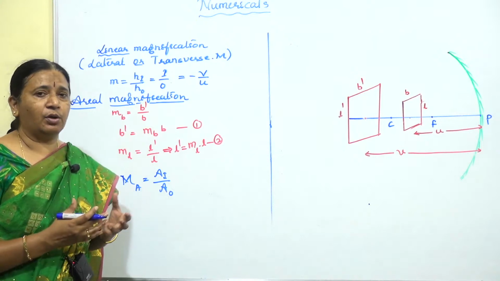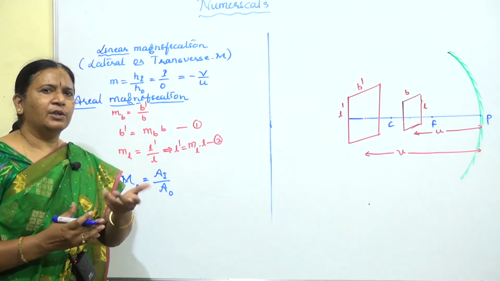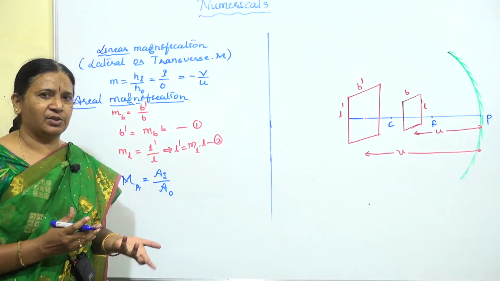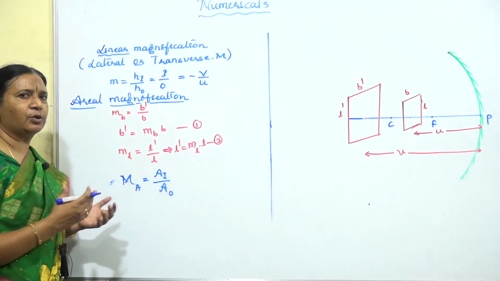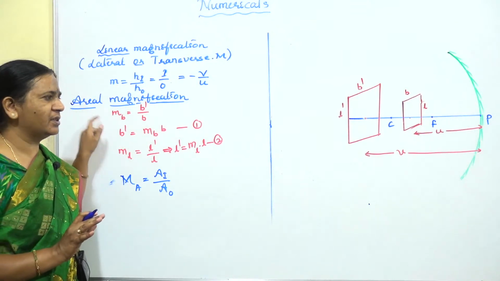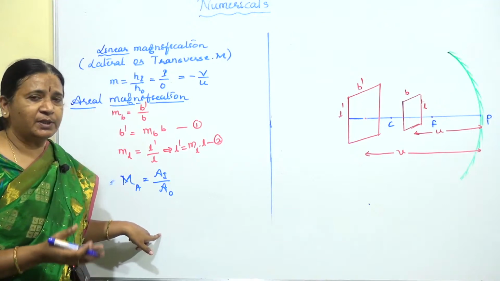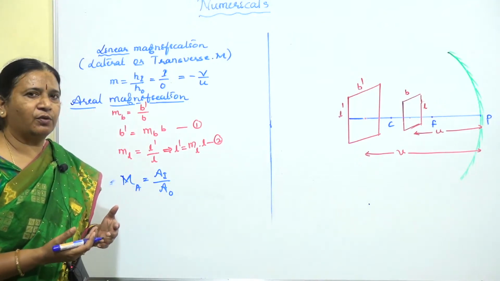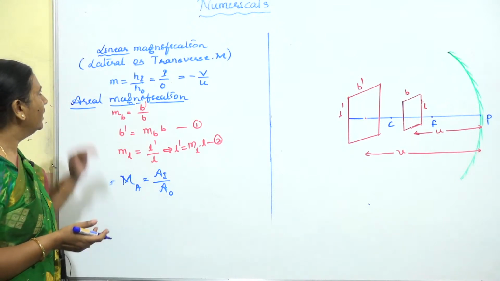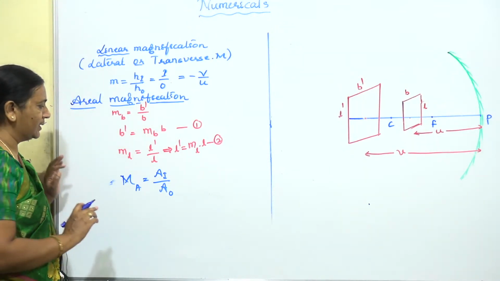When you combine different lenses, you make microscopes and say its resolving power is this much. You also come across angular magnification, but I won't discuss it here because it is required in telescopes, for which we should have the idea of lenses. Let us go for angular magnification at that time. Right now, we cover only simple things.